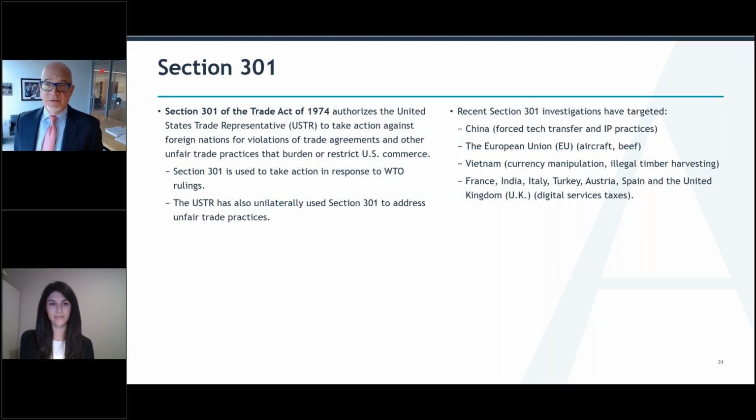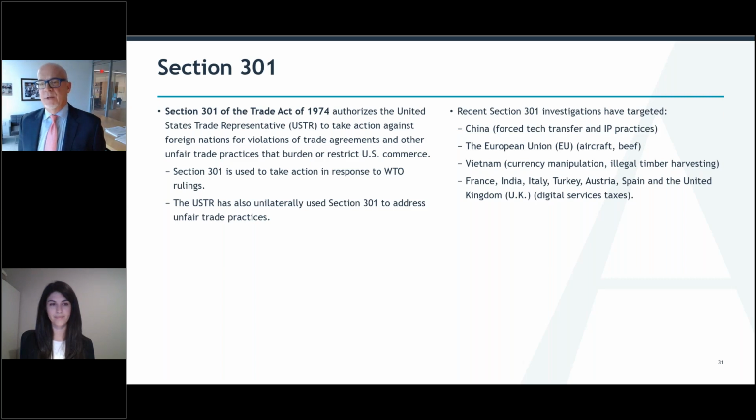In the past, it's been used against beef, from concerns about what's happening in the European Union with regard to aircraft and beef, concerns in Vietnam about currency manipulation, illegal timber harvesting. The breadth of this law, and the way it can be used against digital services taxes in a variety of countries, is very broad.